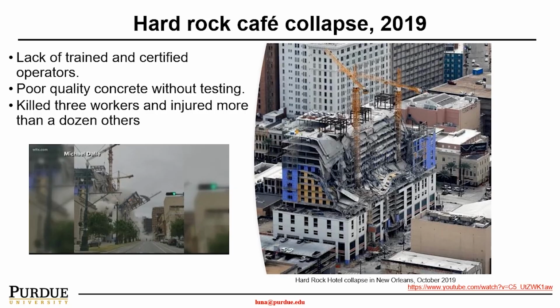This incident led to 3 workers killed and injured more than a dozen others. So it would be very good if we had an in situ real-time monitoring system to monitor the concrete strength, and that would send an alarm for any inappropriate operation. This tragedy could definitely be avoided.